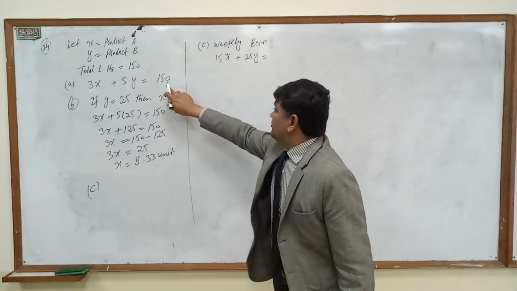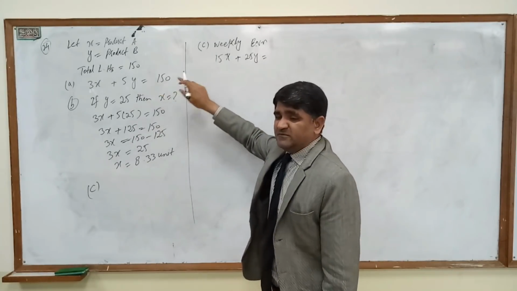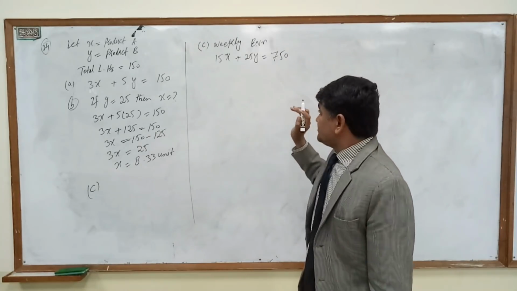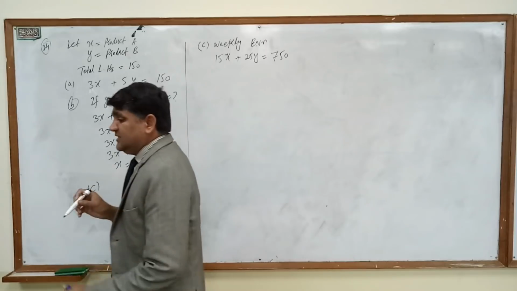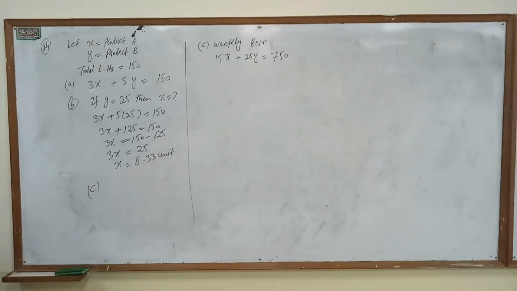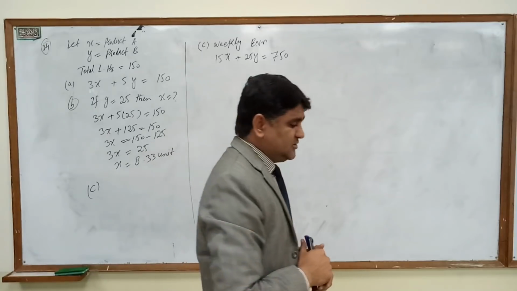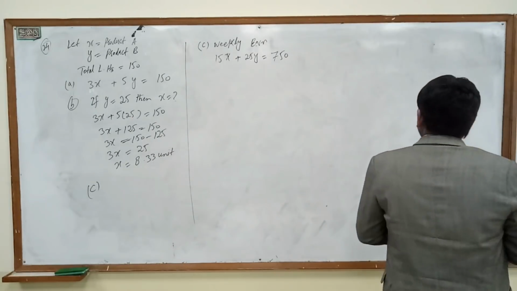Hmm, rather: 5 multiplied by 5y is 25y. And 150 multiplied by 5 is 750 hours. In the question, how many units of product B are given? 12 units in a day.